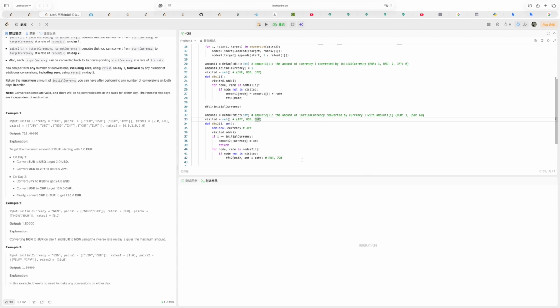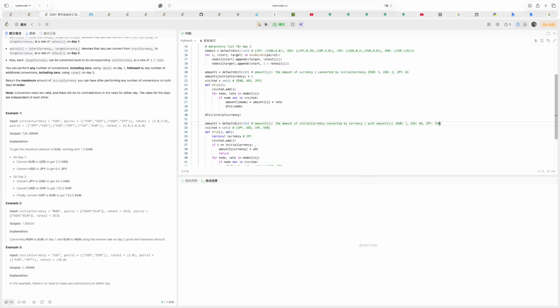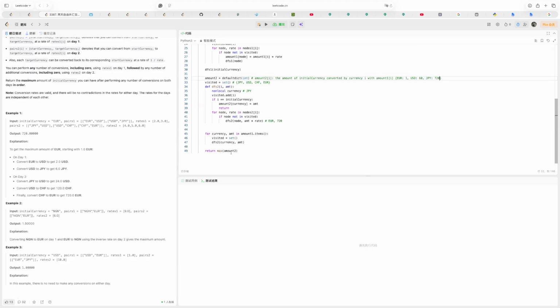We'll add the euros in the visited set, and it is the initial currency, so the starting currency is JPY, and we'll have 720. Then we'll finish, and we will have the maximum amount.